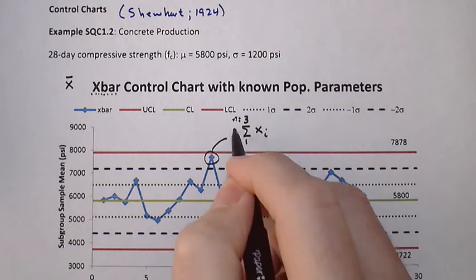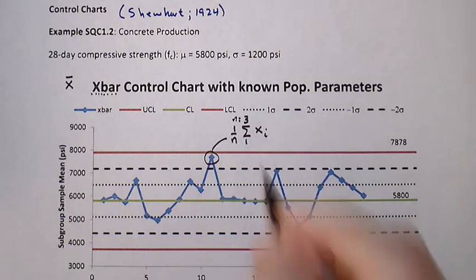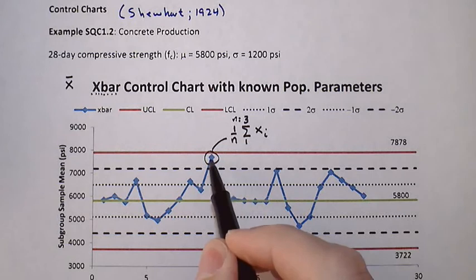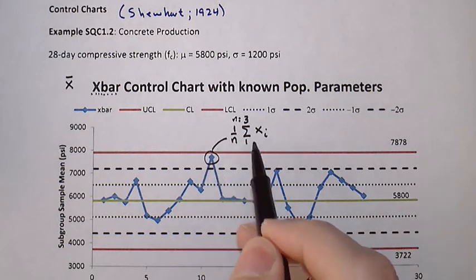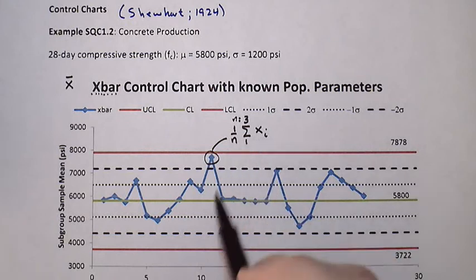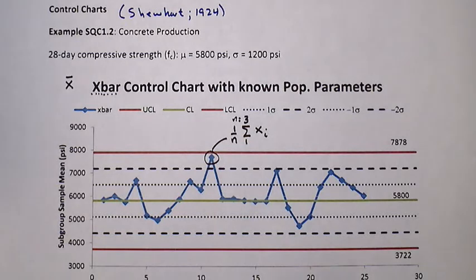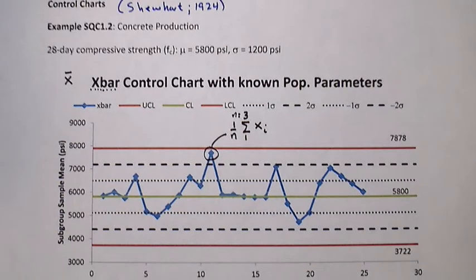And of course, as a mean, we want to divide by n. So even though it's one single data point, that's an aggregate data point representing samples that were all collected at one point in time. And what you see referenced here is a subgroup, which we'll define a little bit more clearly in a moment.